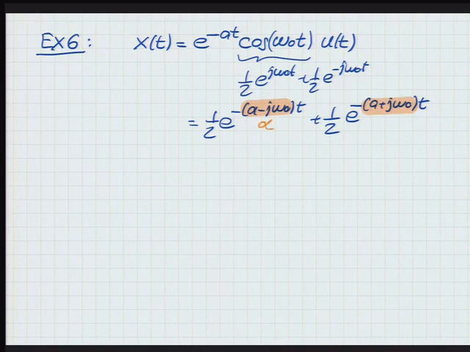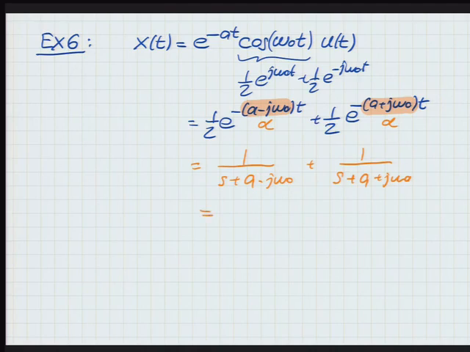For the first case, I'm going to get 1 over s plus alpha minus j omega naught. And for the other one, I'm going to get 1 over s plus a, this is again a, plus j omega naught. So that's basically it.